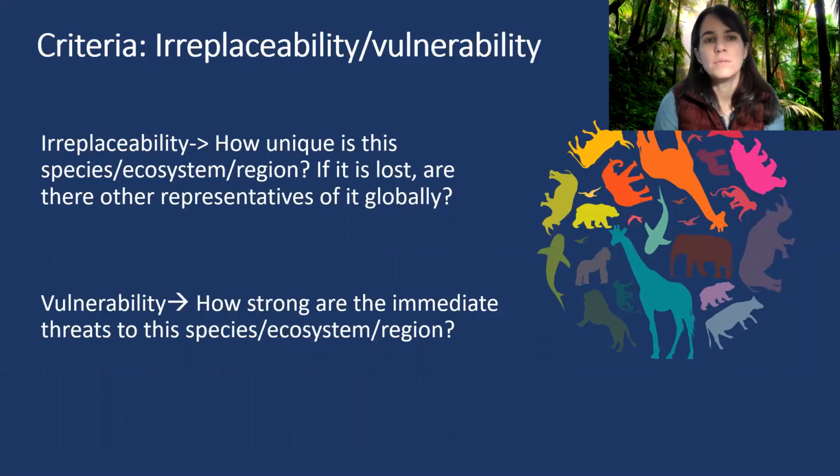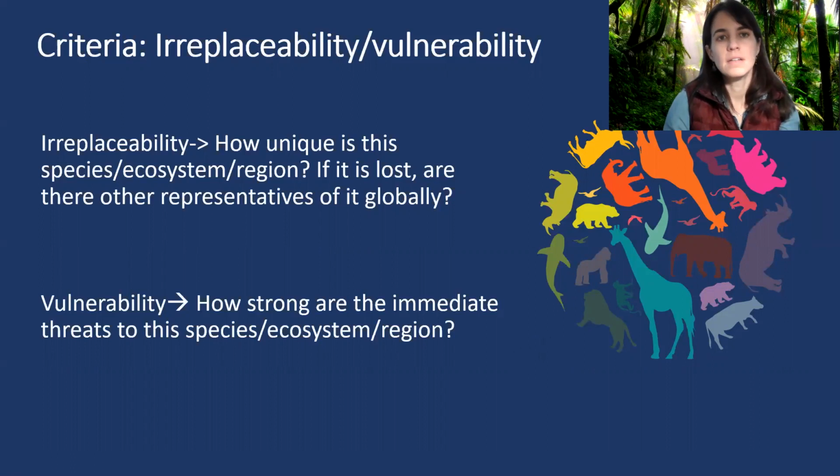So what about an ecosystem that's irreplaceable because it doesn't occur anywhere else, like the Mediterranean ecosystems in Southern California? They occur in the Mediterranean, right? They don't occur anywhere else in the United States. So you might consider those irreplaceable, at least in the United States. But that's different than how vulnerable they are. That's not the same thing.